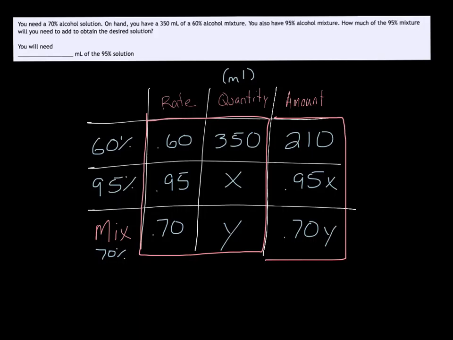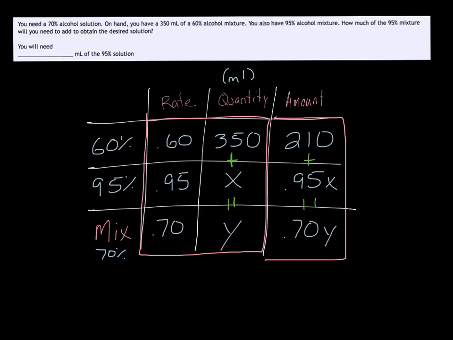Our equations always come from the quantity and amount columns. We add the two that we're mixing together to equal our final mixture column, and in the amount column, we add those two values to get our final value.